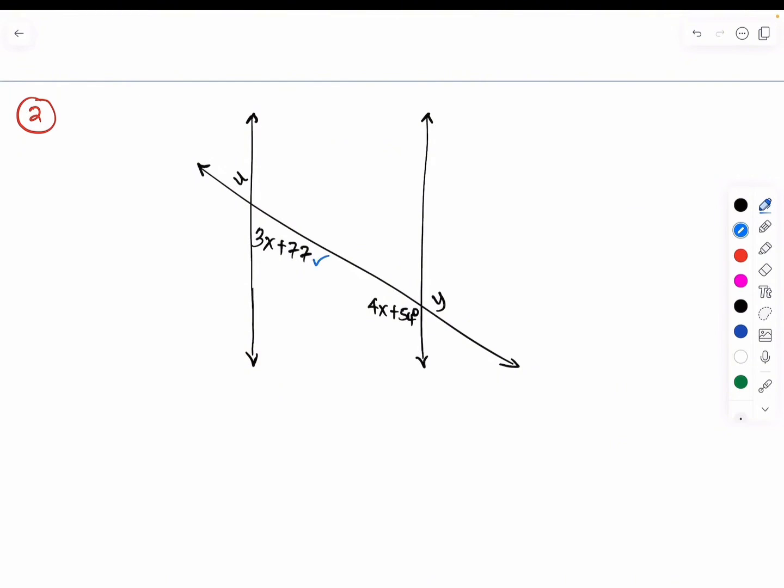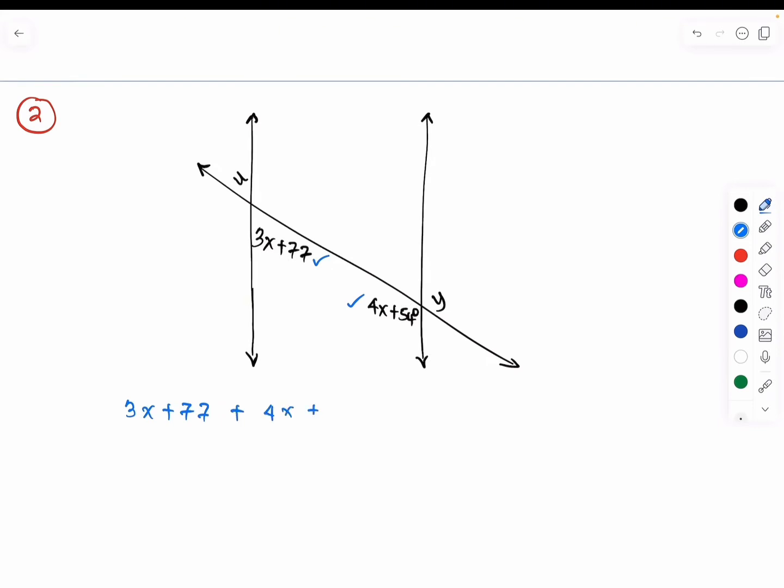The first thing I saw is I have an angle that is inside. 3x plus 77 is inside, and 4x plus 54 is also inside. We just said that those are same side interior angles, and that they are supplementary.